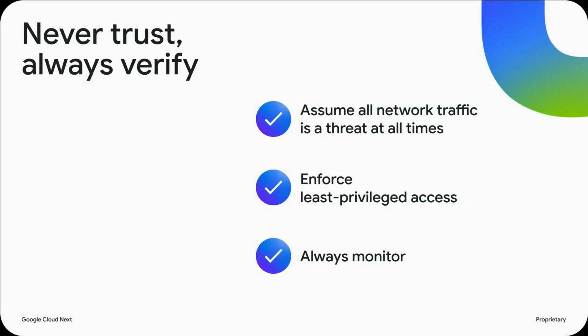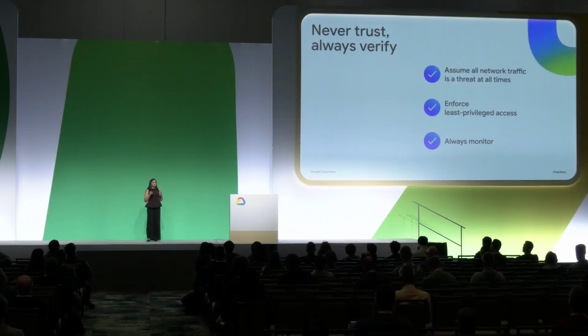There are three core principles of zero trust on which we focus. First, we assume that all network traffic is a threat at all times, whether your network is internal or external. Second, we enforce the principles of least privilege access for every identity in your system. Lastly, we always monitor. We continuously observe, and you continuously verify.